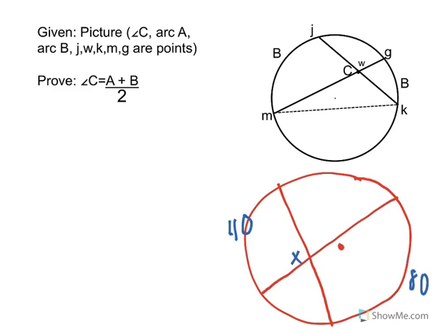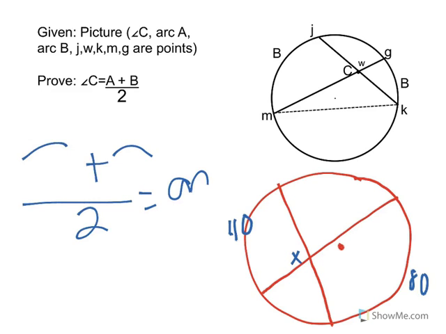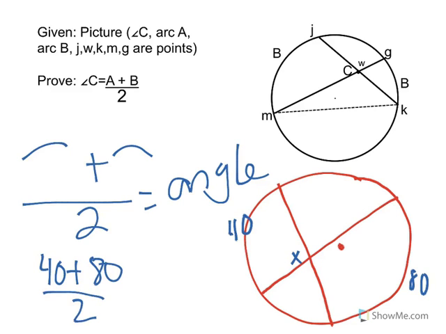If we are looking for this angle, it's arc plus arc divided by 2 equals the angle. So 40 plus 80 divided by 2 equals 60. So this angle that we were looking for would be 60 degrees.